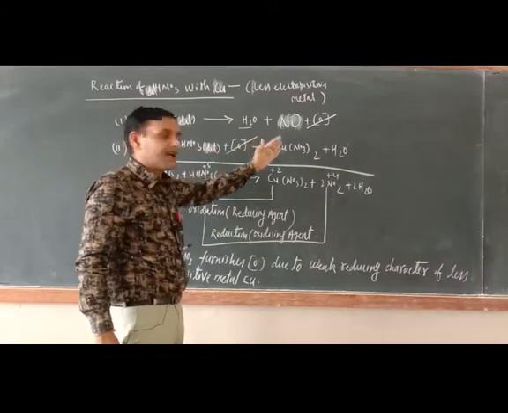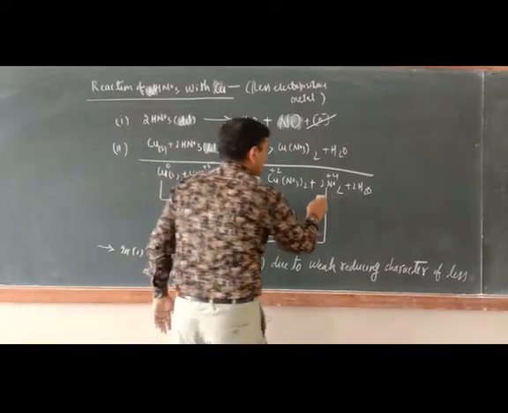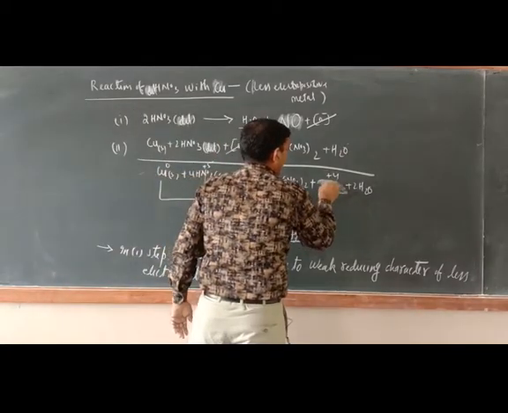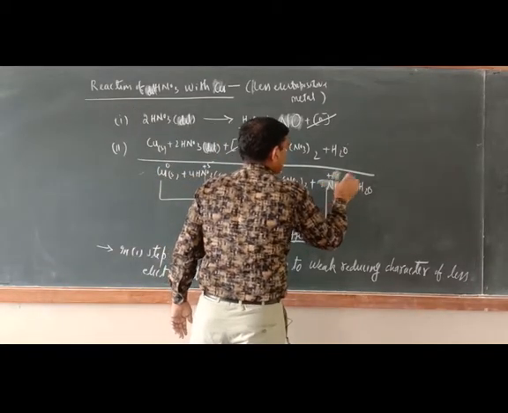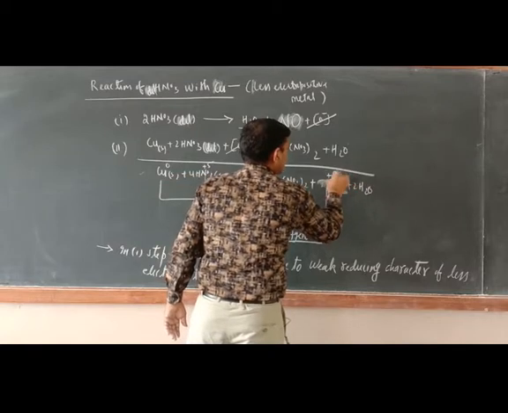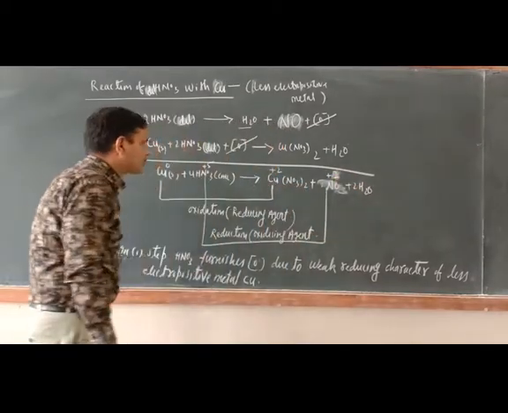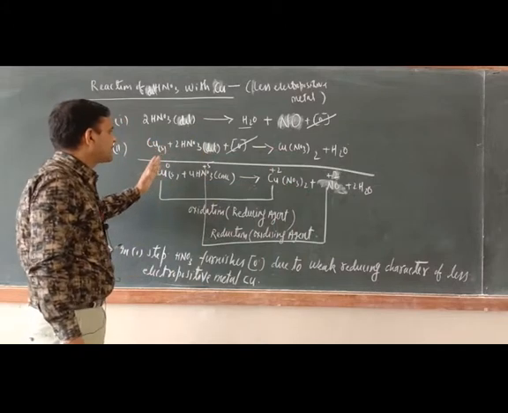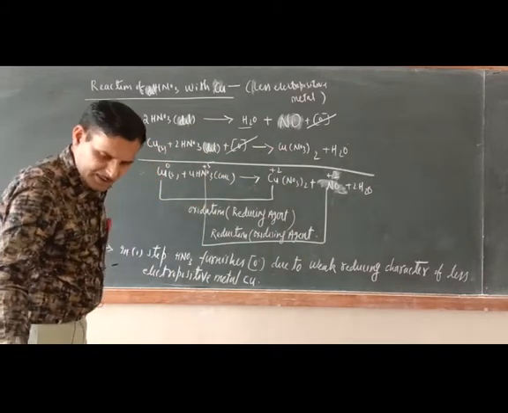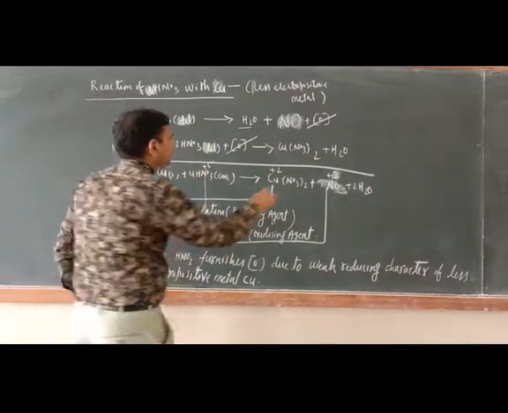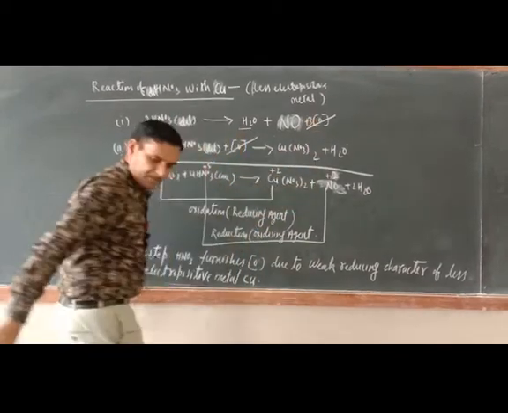The product is NO. Now this oxidation state will be +2. Now please, balancing of the reaction is also required. Please balance the reaction. This time 3 nascent oxygen will be there.